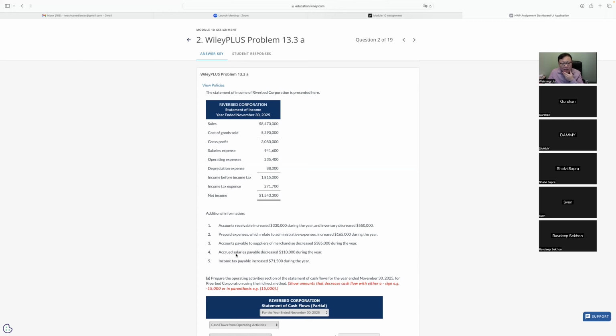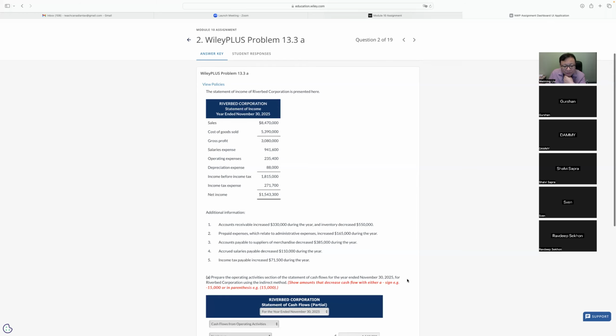Accrued salary payable decreased 110,000 during the year. Income tax payable increased 71,500 during the year. Prepare the operating activity section of the statement of cash flows for the year ended November 30th, 2025, using the indirect method. Okay, using the indirect method.